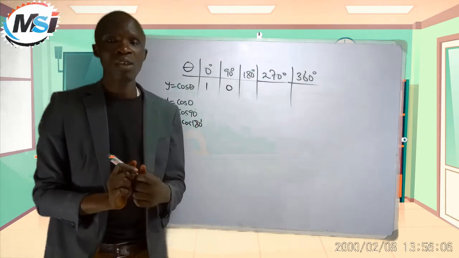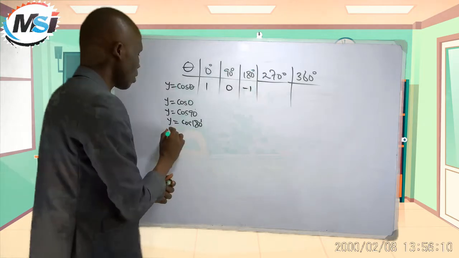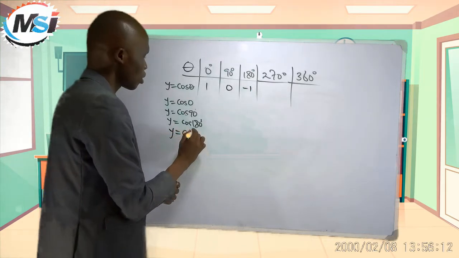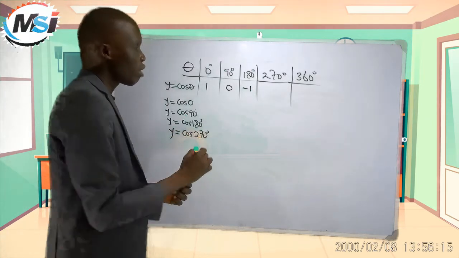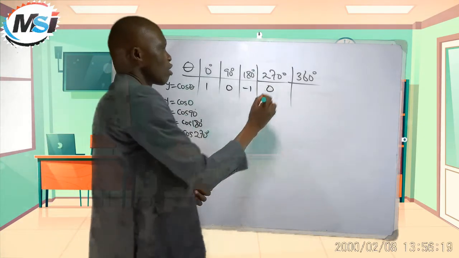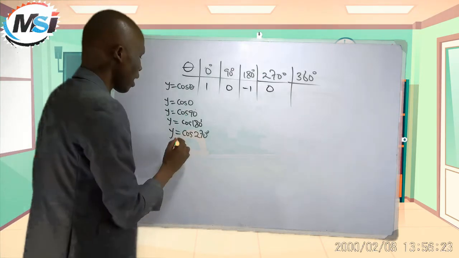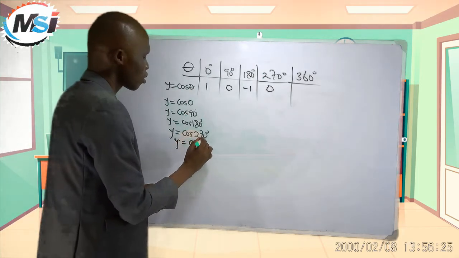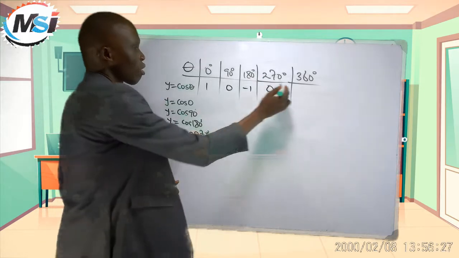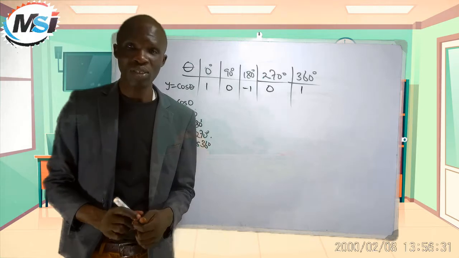Cos 180 will give us minus 1. And y equals cos 270. If you press your calculator, cos 270 will give you 0. Then the last one, which is 360, y equals cos 360 degrees. Cos 360 degrees will give you 1. I believe you understand that.